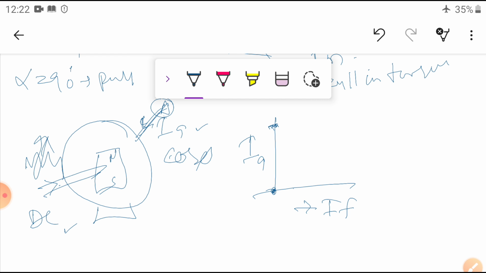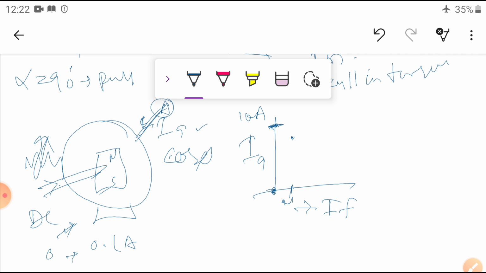The DC supply is increased, for example by 0.1 ampere. In the previous case, for example, you take 10 amperes. Now once the field current is increased from 0 to 0.1 ampere, the armature current is reduced to only 9 amperes.